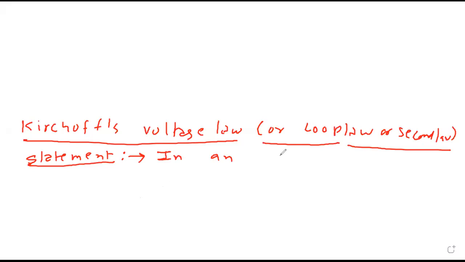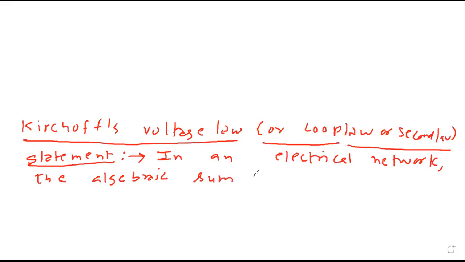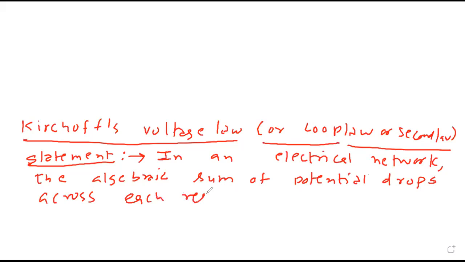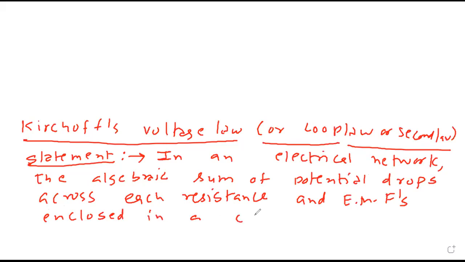In an electrical network, the algebraic sum of potential drops across each resistance and EMFs, मतलब बैटरी का वोल्टेज, enclosed in a closed circuit is always zero.